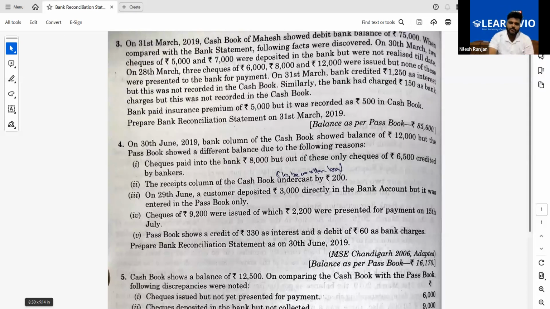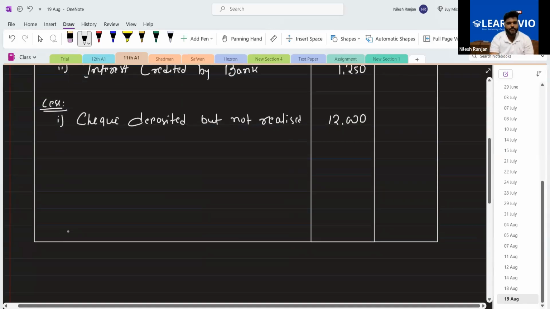The second is bank charge debited by bank, 150.